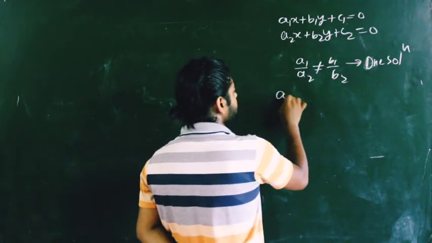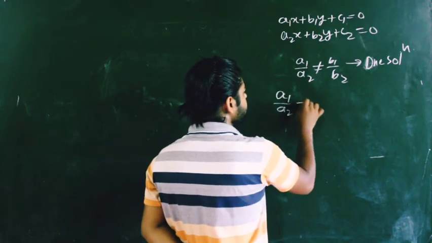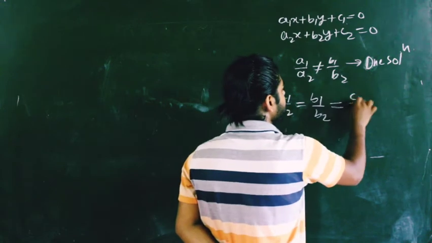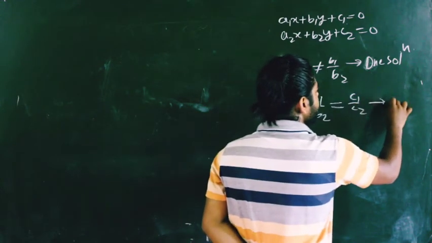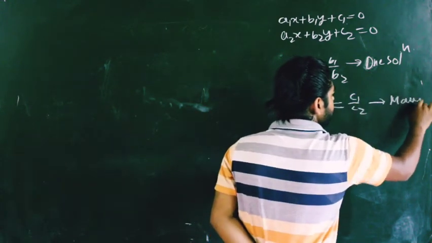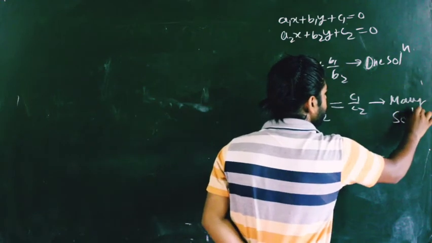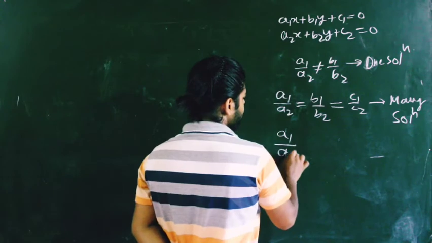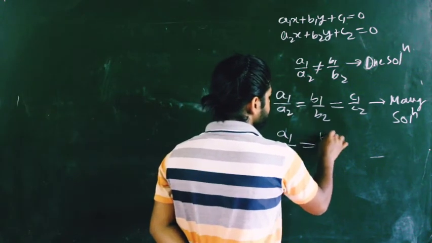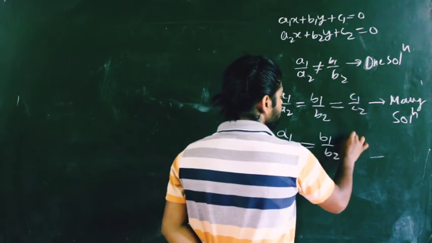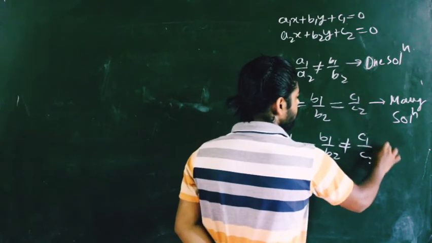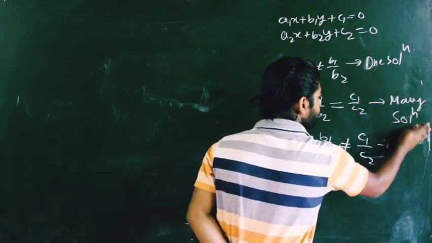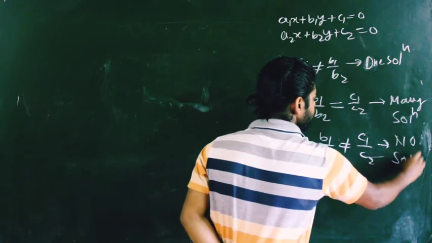Again, a1 by a2 is equal to b1 by b2 is equal to c1 by c2, so many solution. Again, if you find any equation like this, a1 by a2 is equal to b1 by b2 is not equal to c1 by c2, then we can say no solution.